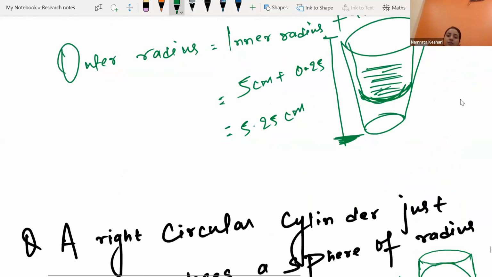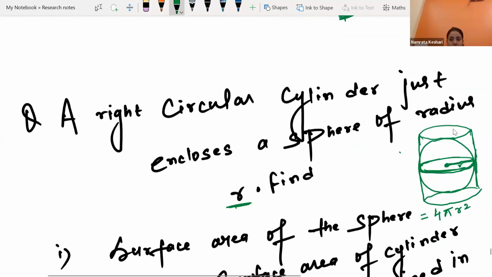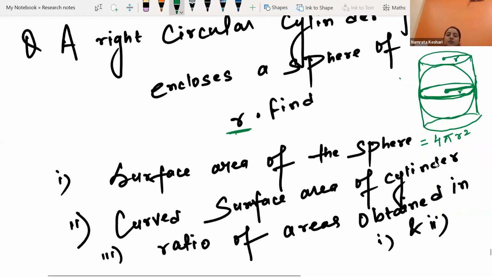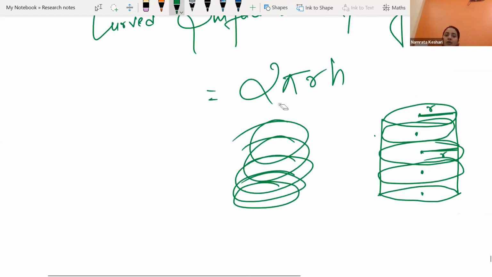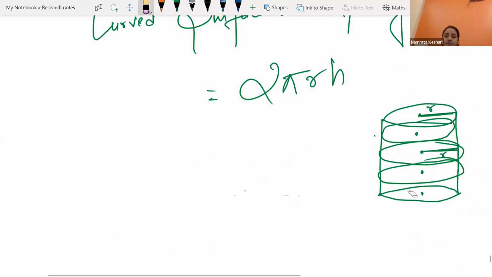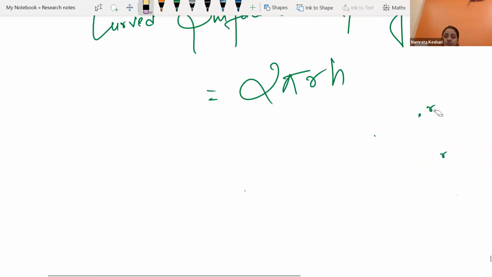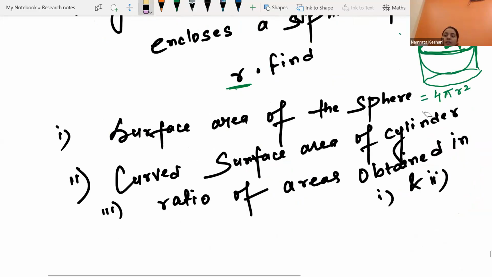That's why, if I am showing one of the radii here as r, here also the cylinder will be having the radius r. Now what about the height of the cylinder? Radius of the cylinder is r, we got to know. What about the height of this cylinder? Anyone? What will be the height?